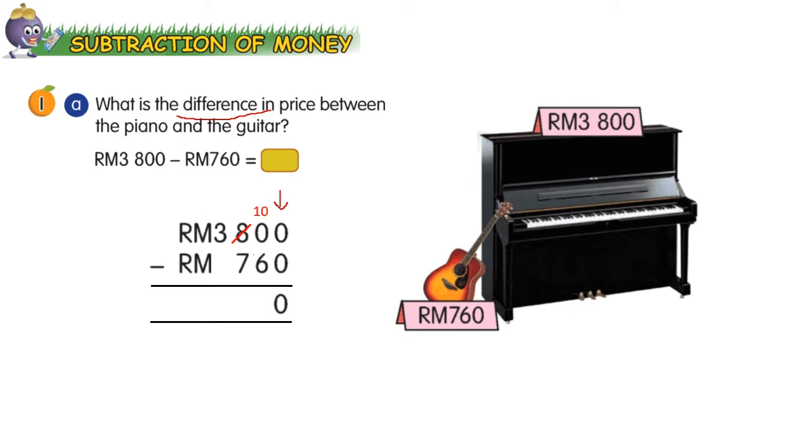So 0 just now will become 10. 8 will become 7. Now 10 minus 6 is 4. 7 minus 7, 0. 3 minus nothing is 3. Because we are talking about money, make sure you write RM in capital letter. So the difference between the price of a piano and a guitar is 3,040 ringgit.